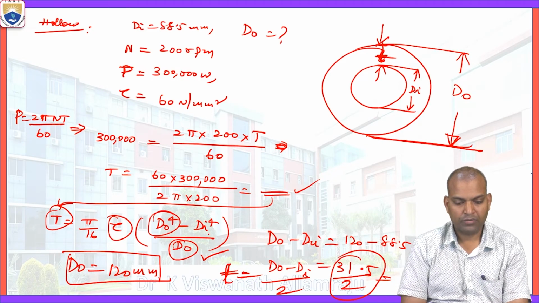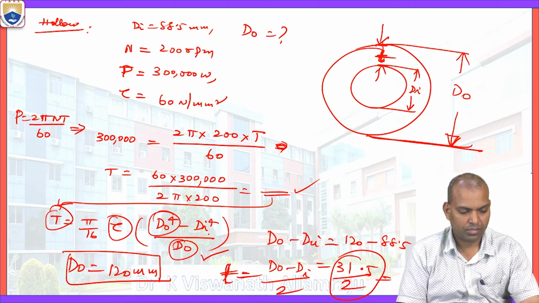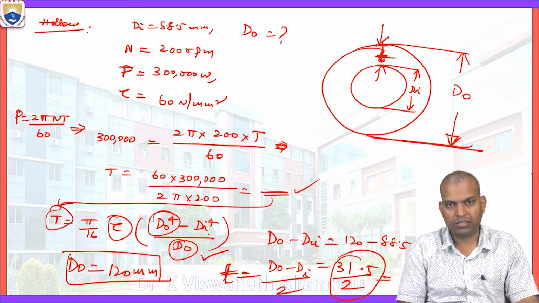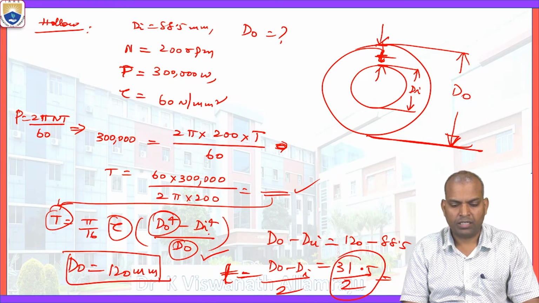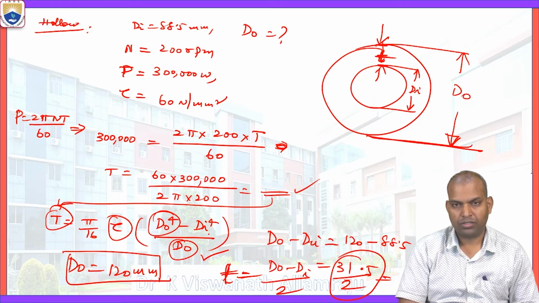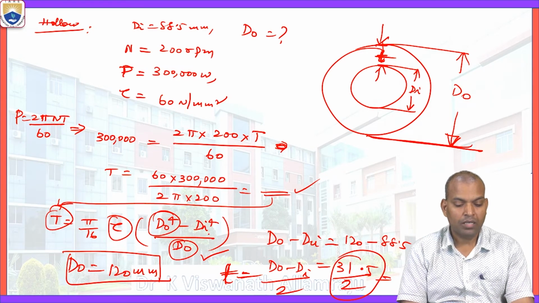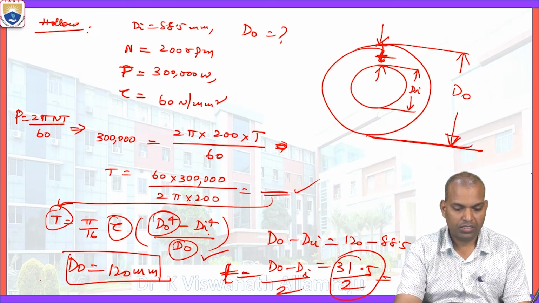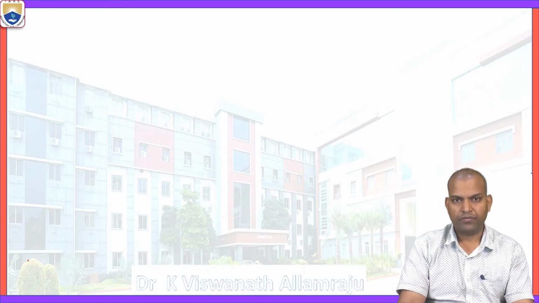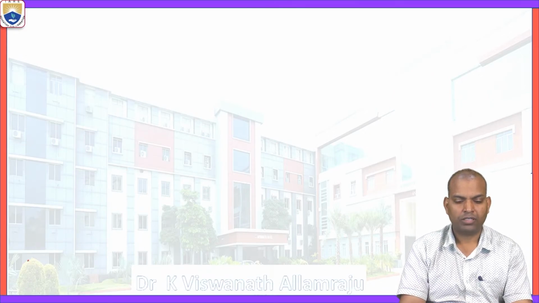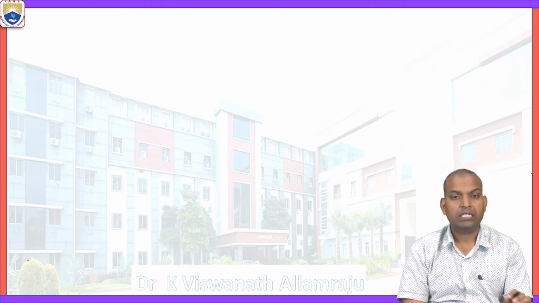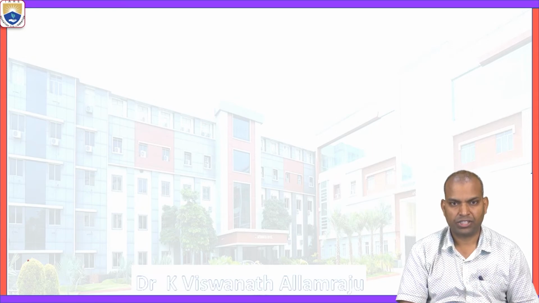So in this manner we have to find out the outside diameter and inner diameter of the hollow circular shaft. A very important thing here is the torsion formula we derived for the maximum torque.